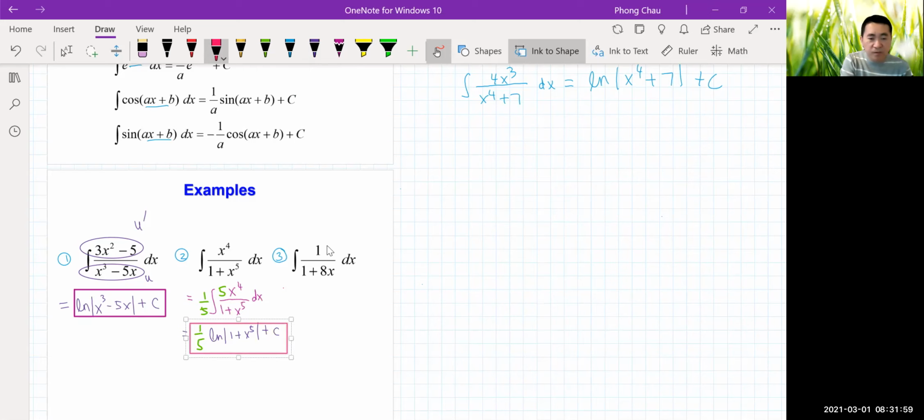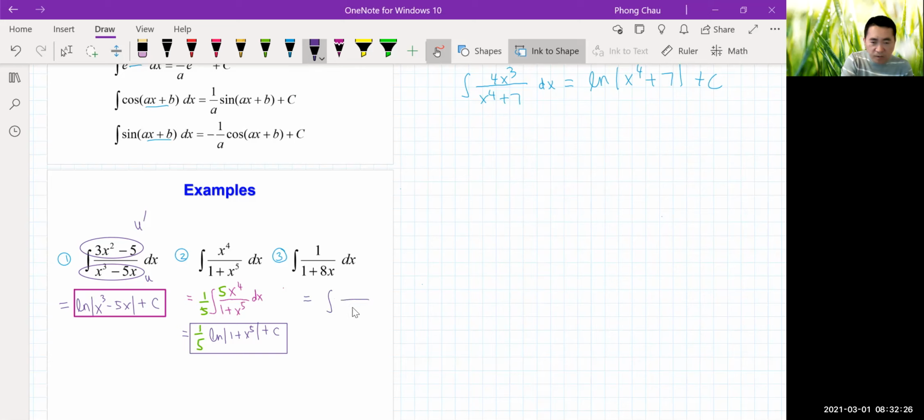The last one is the same. What's the derivative of 1 plus 8x? The derivative of the denominator 1 plus 8x is 8. Because it's equal to 8, I do need an 8 in the numerator. So I'm going to use the same technique.